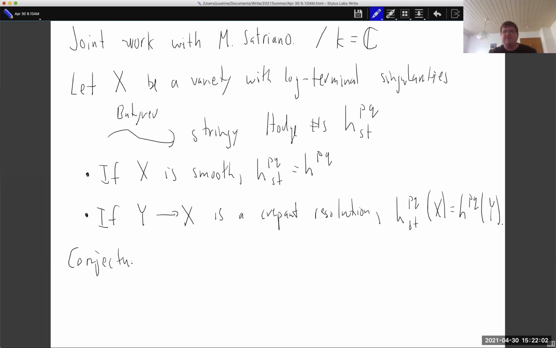Could you remind us what the crepant resolution is? Yeah, so it's a resolution of singularities where the relative canonical divisor is trivial. So you can think of this relative canonical divisor as some measure of how much this resolution is really changing things, and a crepant resolution is saying that there's no discrepancy. I think it was actually a joke on the idea that no discrepancy should be crepant.